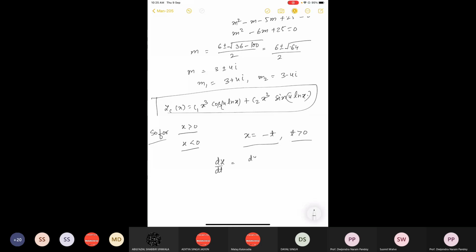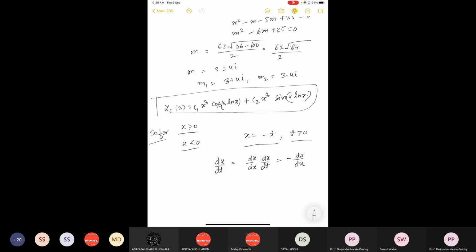So dy by dt equal to dy by dx and dx by dt here. This I can write, yes or no? We simply apply the chain rule. So I will write dy by dx, and what is dx by dt?